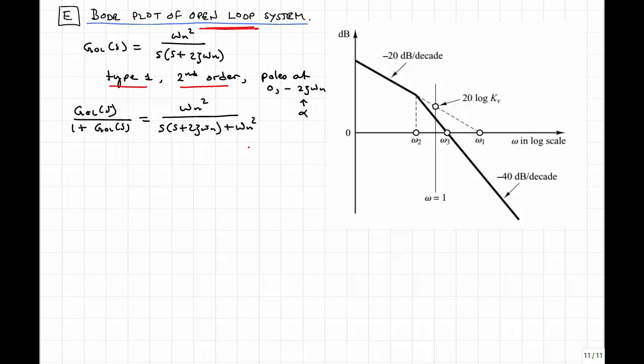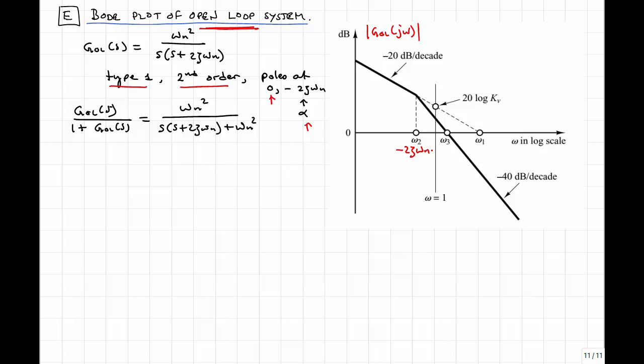Obviously it's second order, and it has poles at 0 and at minus 2 zeta omega n, or minus alpha. The Bode plot or magnitude plot of this open loop transfer function is plotted here on the right. And omega 2 is going to be this 2 zeta omega n.